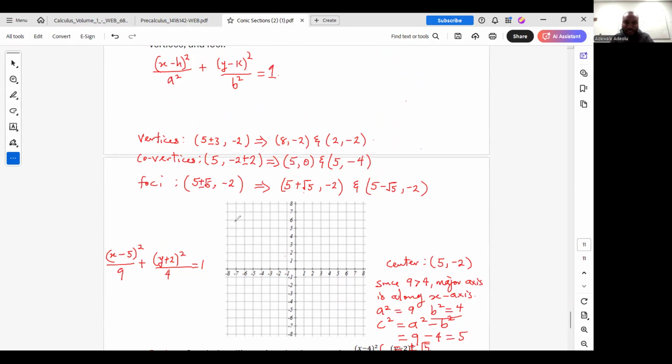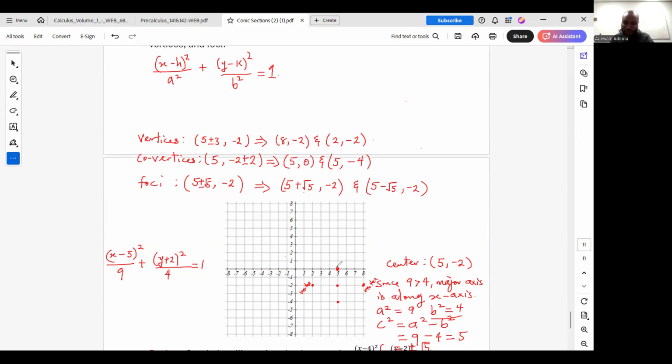Our vertices: 8, negative 2. That is when x is 8, y is negative 2 here. When x is 2, y is negative 2 here. So this is vertex, vertex. Co-vertices, we have 5, comma 0 here, then 5, comma negative 4 somewhere. So definitely our center will be here.